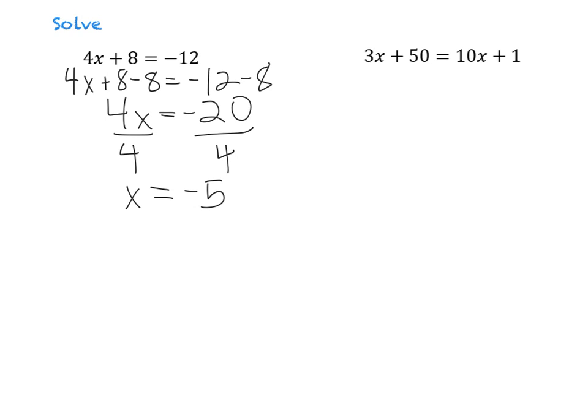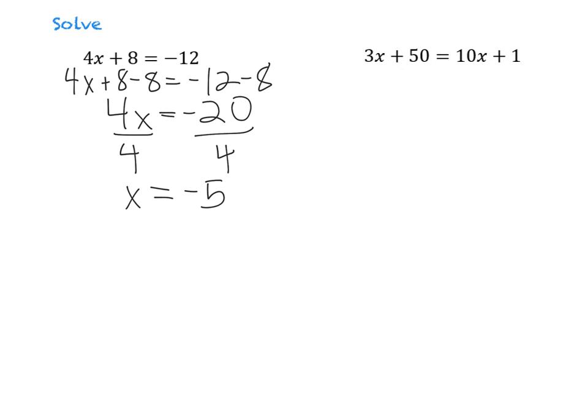And once you do that, you'll be able to get the answer. So you could do this in more than one way for sure. But what I'm going to start off by doing is I'm going to move the 3x to the right-hand side of the equation. I'm going to try to put all of my variables over on the right-hand side of the equation. I'm going to try and put my numbers all on this side.